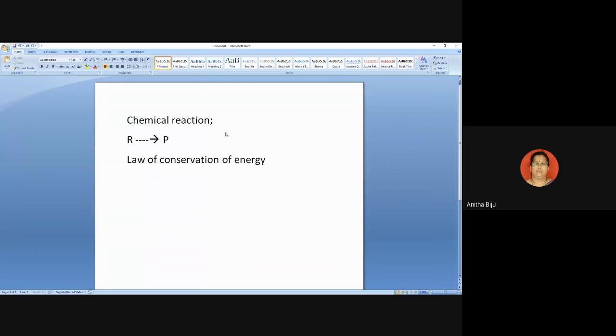Similarly, there is another law related to chemical reactions, known as the law of conservation of mass. Ma'am, we studied this last year, balancing depends on the law of conservation of mass.